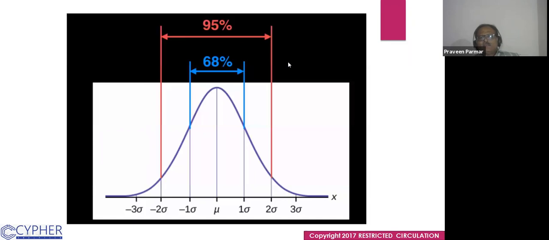And here we see some normal distribution. You see between 1 sigma, approximately 68% of the observations lie between these, and 95% would be between -2 and 2 sigma, approximately 95%, not the exact 95%.